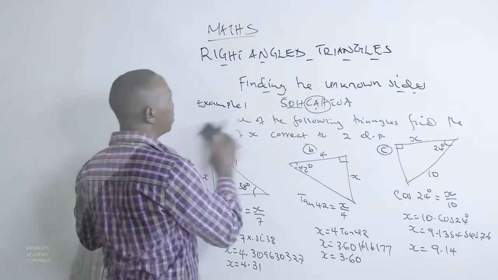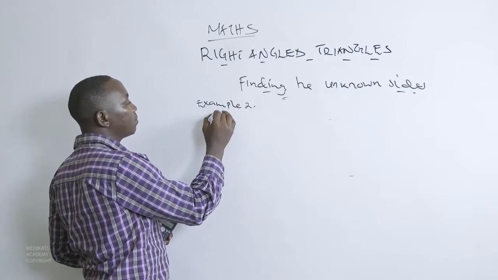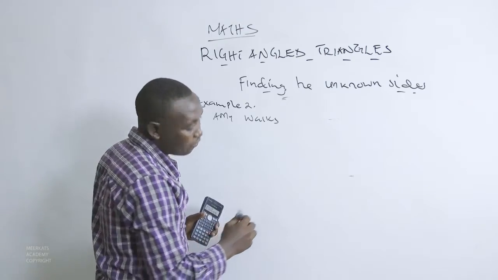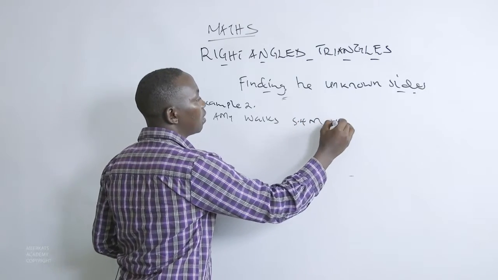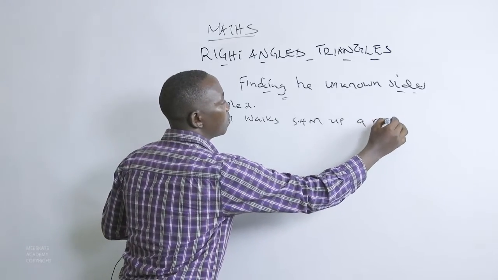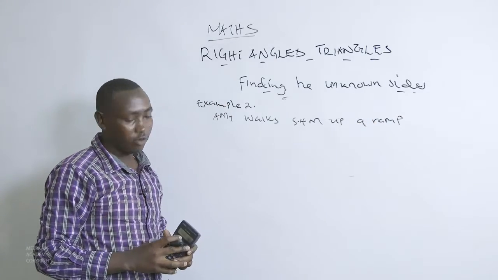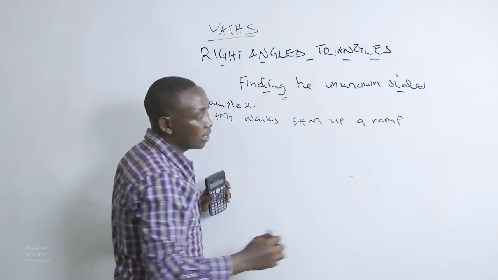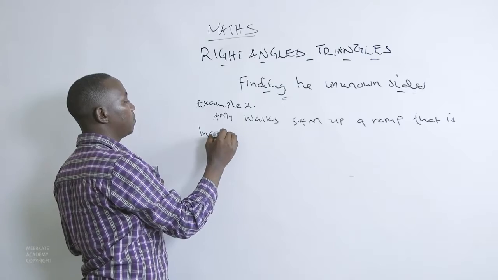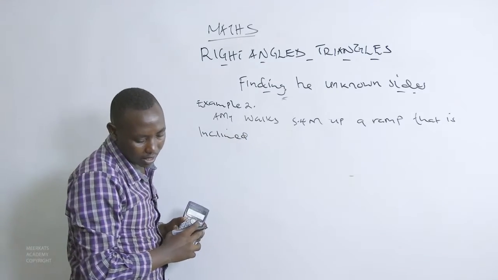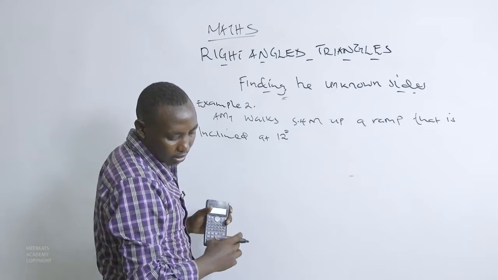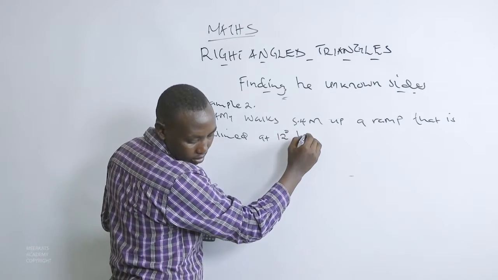Final example on how we can use the trigonometric ratios to solve for the unknowns. That is example 2. We are told that Amy walks 5.4 meters up a ramp that is inclined at 12 degrees to the horizontal.